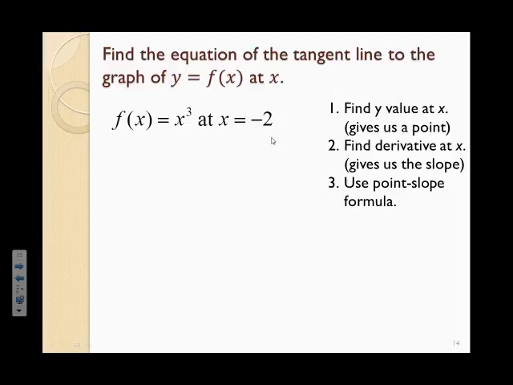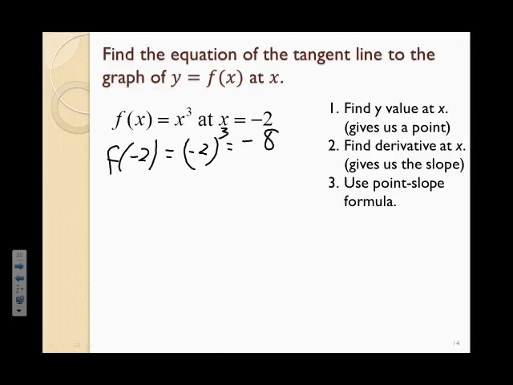So we can do that first. And f of minus 2 is going to be minus 2 to the third power. Now, since it's minus 2 to the third, we know that it's going to end up being negative. A negative times a negative times a negative is a negative. And then 2 to the third is 2, 4, 8. So the value is minus 8.